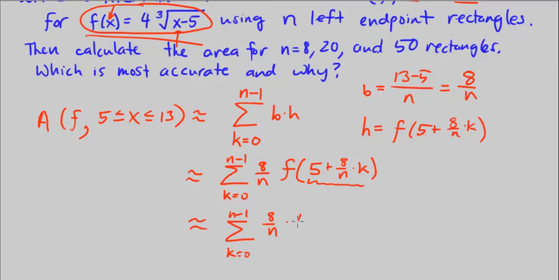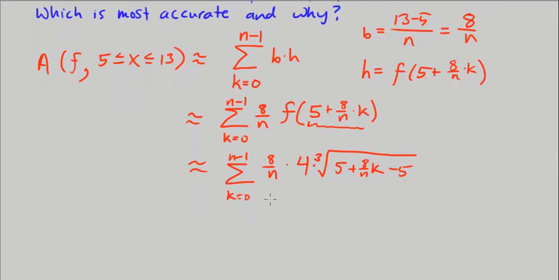That's 4 times the cube root of x, and instead of x, we have 5 plus 8 over n k, minus 5. We can simplify that a little bit. That's just sigma from k equals 0 to n minus 1, 8 over n times 4 times the cube root, and 5 and negative 5 cancel out, so we just have 8 over n k.